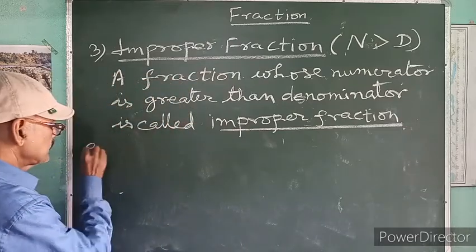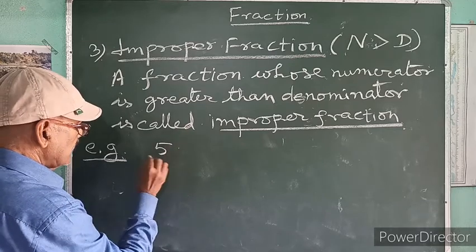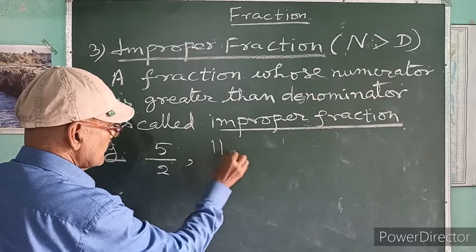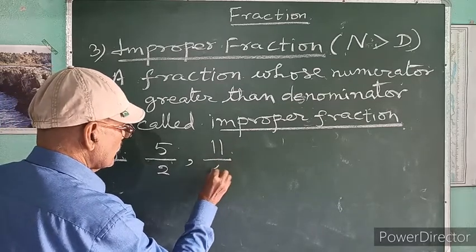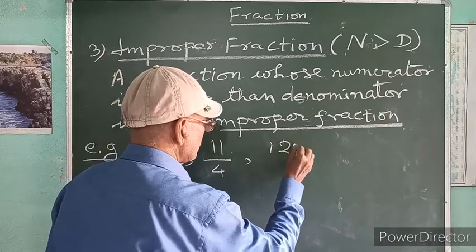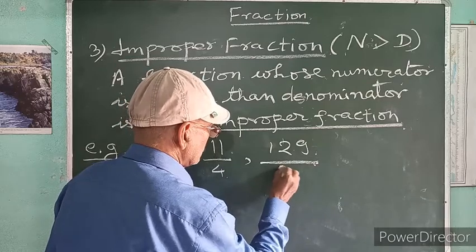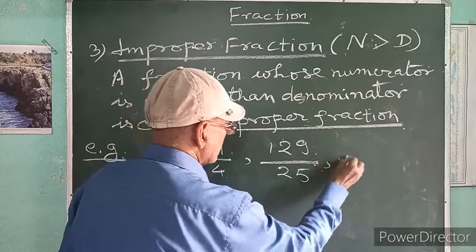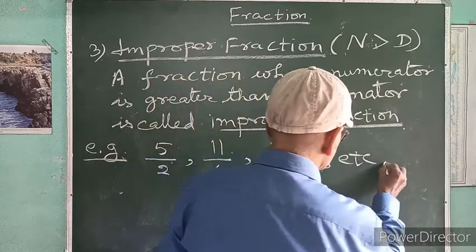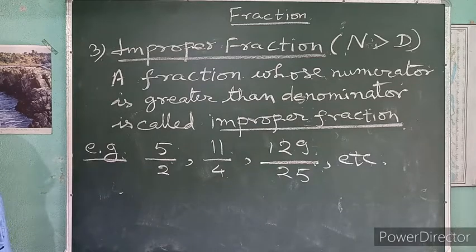Example: 5 by 2, 11 by 4, 129 by 25, etc. So these are improper fractions.